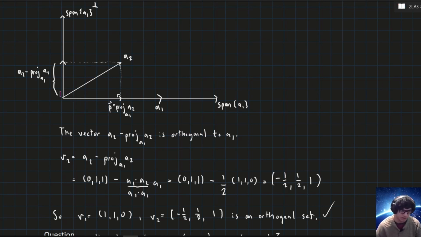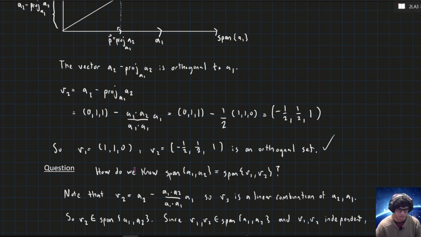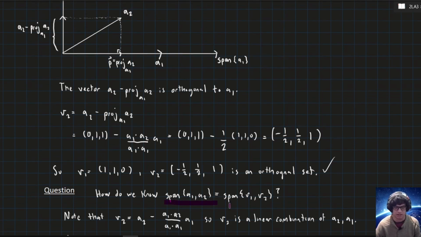So we've created V2 from A2 by sort of taking A2 and just prying it so that it's forced to be orthogonal to A1. So we did something to it, right? So a question is, how do we know that the span of the original vectors, A1 and A2, is equal to the span of the new orthogonal vectors, V1 and V2?